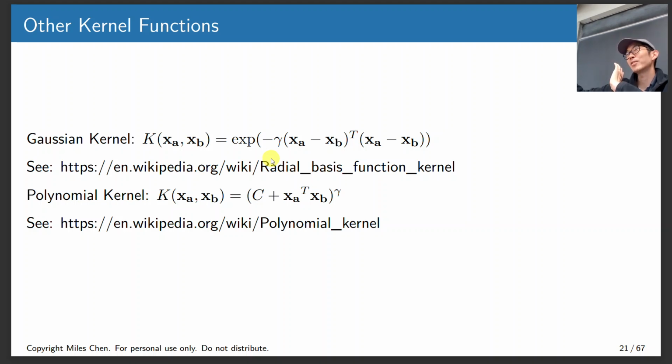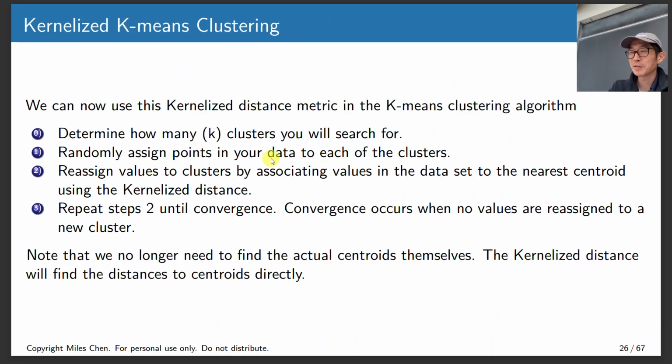But we don't need to know exactly where the centroid is. We just ask, what is the distance to the centroid? And we're able to get the distance to the centroid, even if we don't know the exact location of the centroid. It feels very strange, but we have a formula for getting the distance to the centroid, even though we don't actually know what the centroid is.